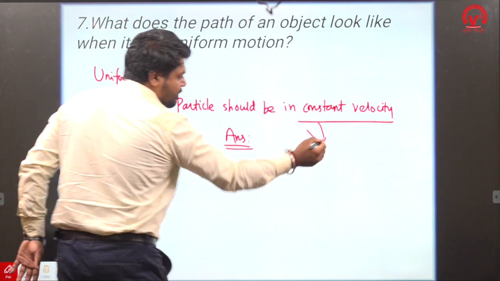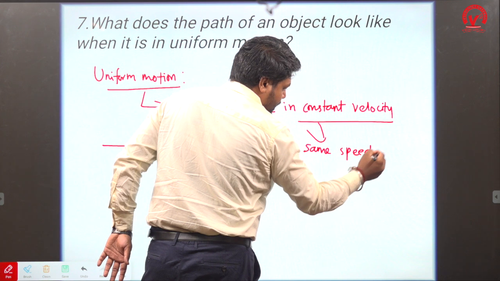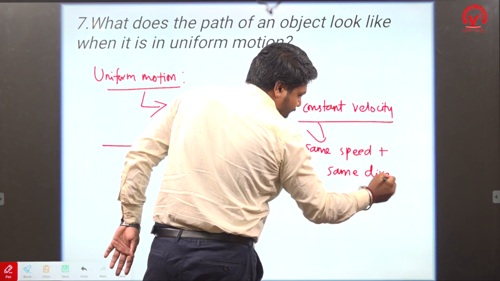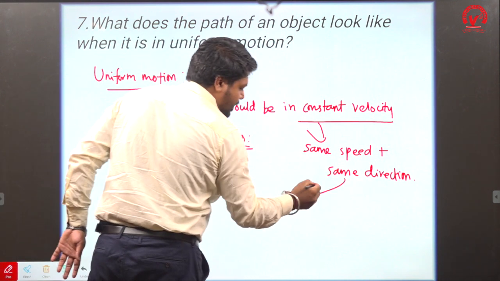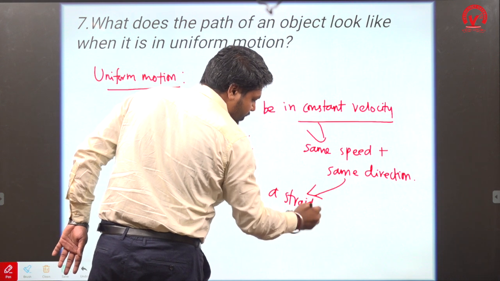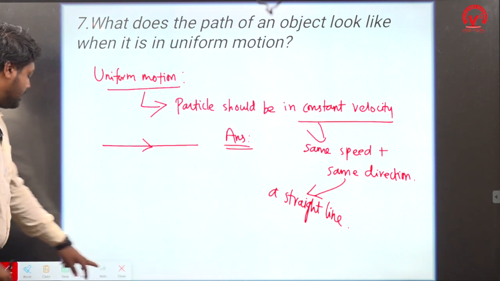So constant velocity means same speed plus same direction. So the path looks like a straight line. This will be the answer. Got it? Next.